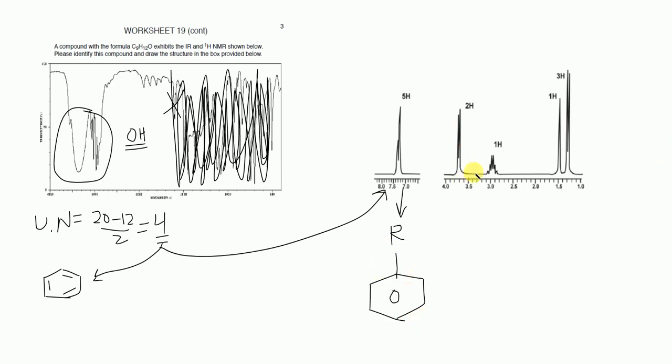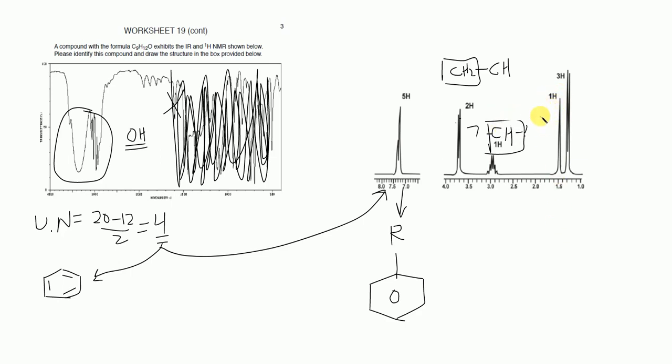Now let's look at the other things. I have a CH2, and it's next to 1, 2, so 2 minus 1. It's next to a CH. I have a CH that looks very complicated, and I'm going to say it has question mark things around it. It's complicated. And then I have a lone CH, okay?